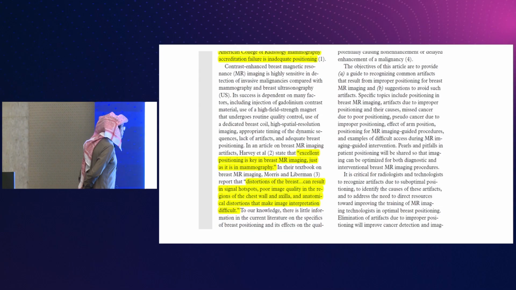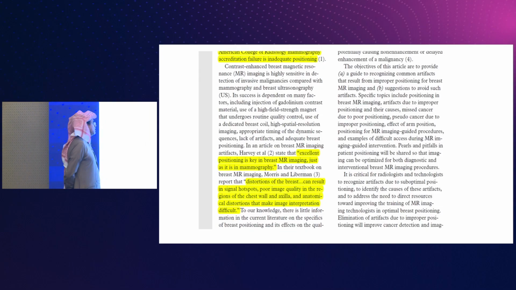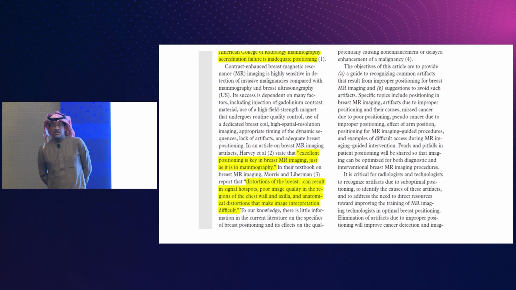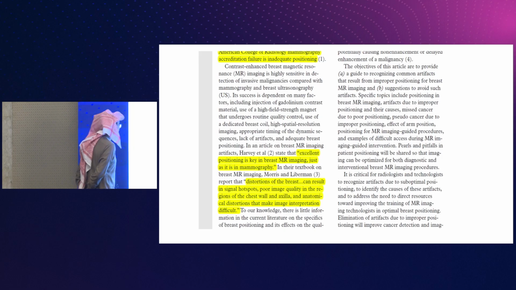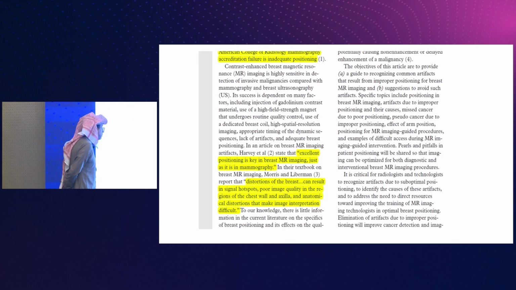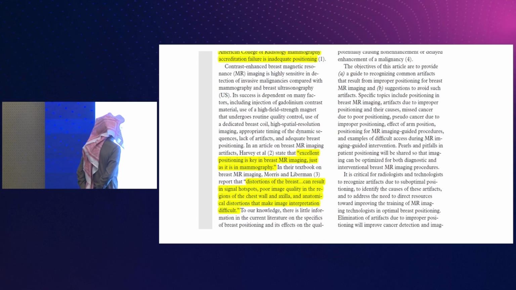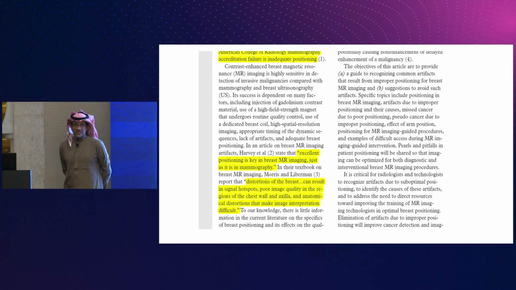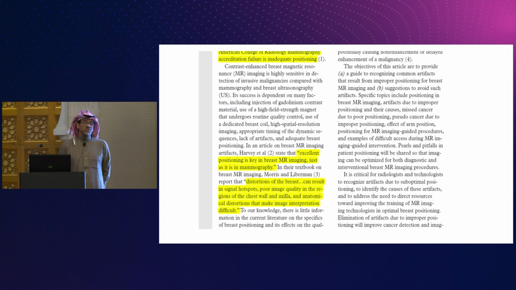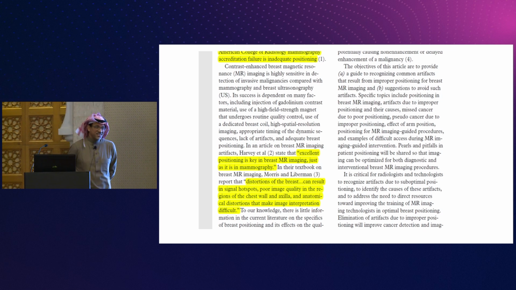Excellent positioning is key in breast MRI imaging, just as it is in mammography. Distortion of the breast can result in signal hotspot, poor image quality in the region of the chest wall and axilla, and an anatomical distortion that makes image interpretation difficult. So it's only position, and it's the least of our care.